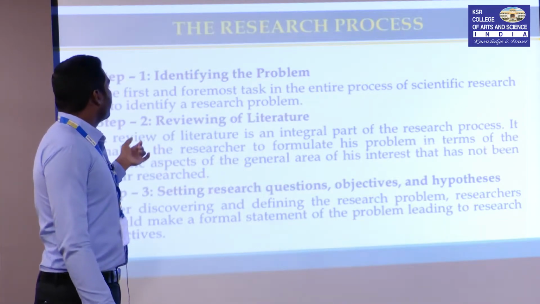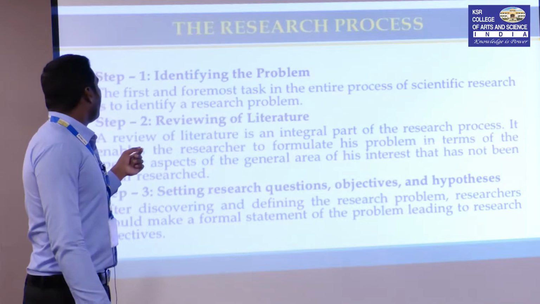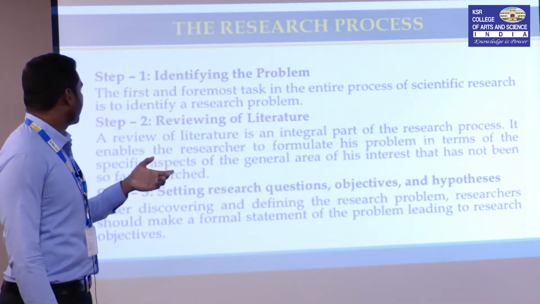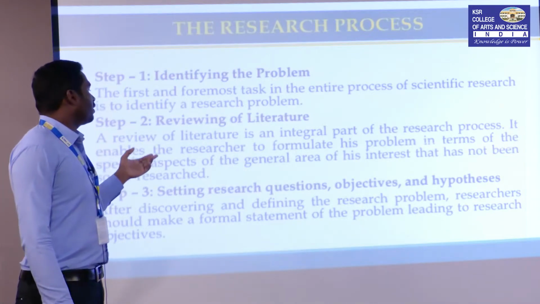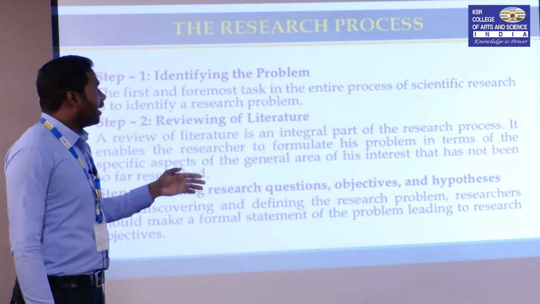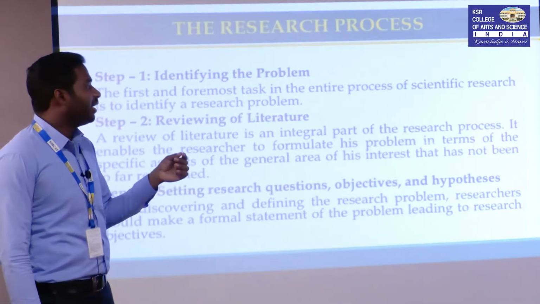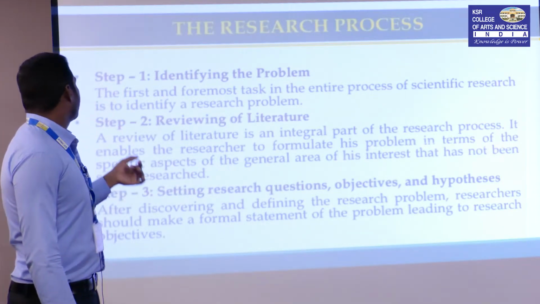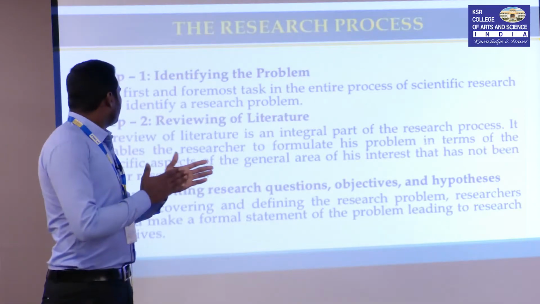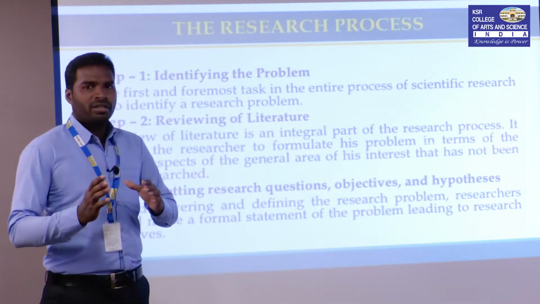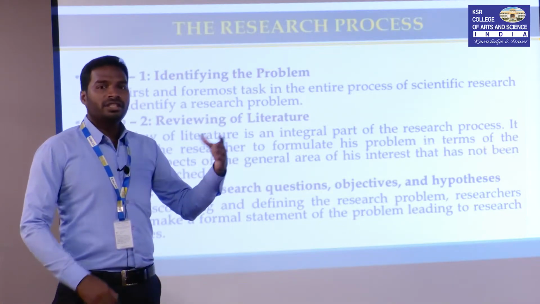And the next one is a review of literature. A review of literature is an integral part of the research process. It enables the researcher to formulate his problem in terms of a specific aspect of the general area of his interest that has not been researched so far. Review of literature is nothing but what kind of research has been made.